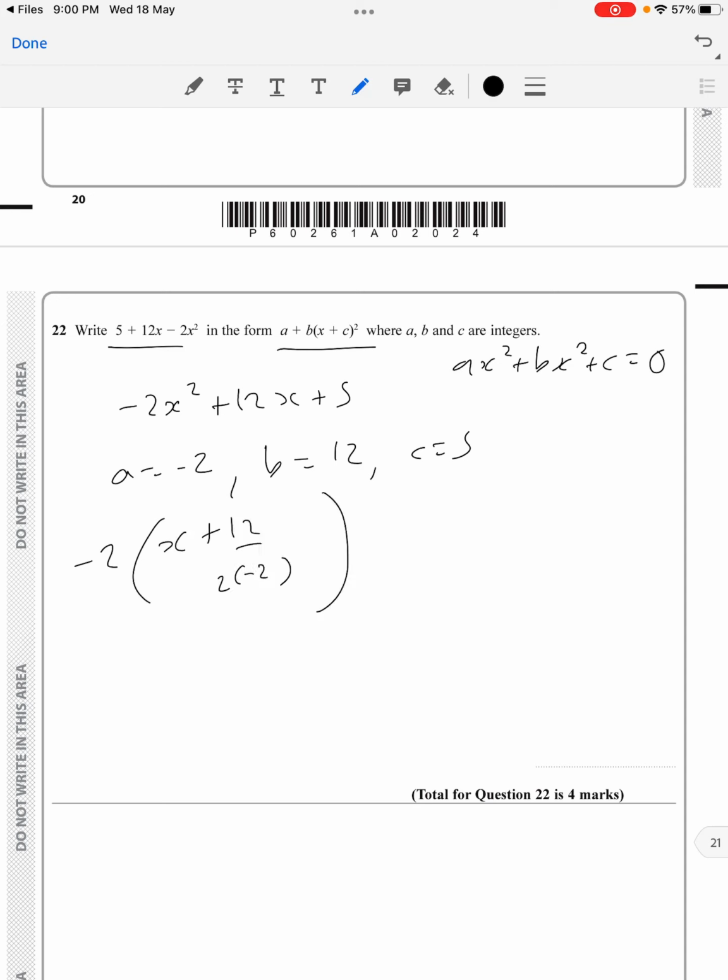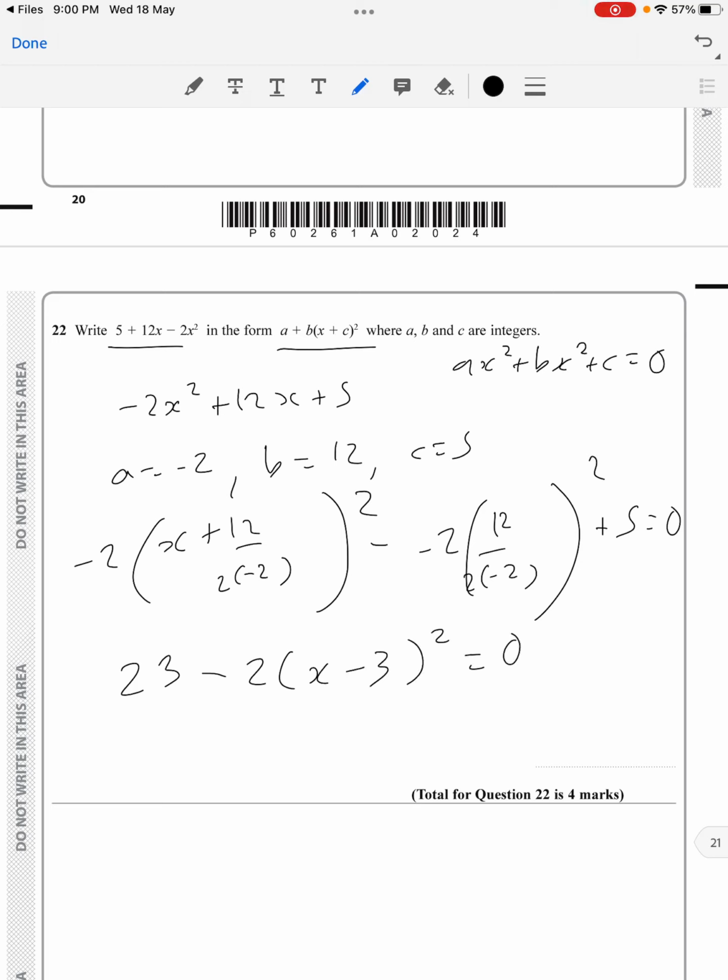Now this is using the idea of completing the square. You can follow any method that you enjoy. I'm just doing the method that I would like to solve this question. So this is basically dividing it by the value of a. Since the constant a is -2, you should be getting approximately 23 -2 brackets x minus 3 square is equal to 0.